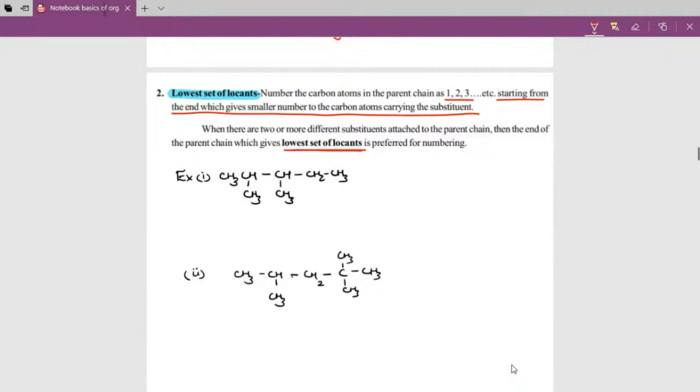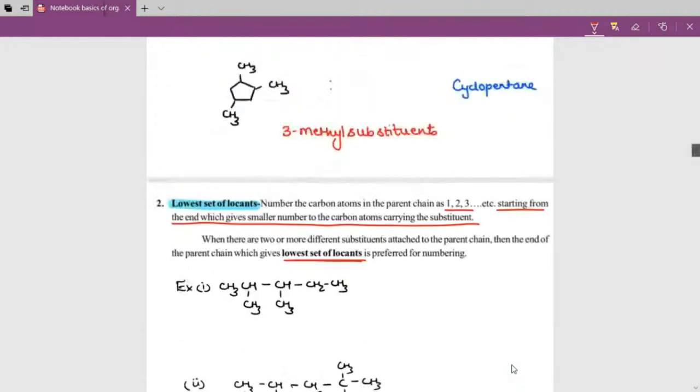I want to be very loud, very clear and emphatic that there is nothing called lowest sum rule. It has been discarded a long time back. So if you have ever seen any image of something called lowest sum rule, please just remove it totally from your brains.